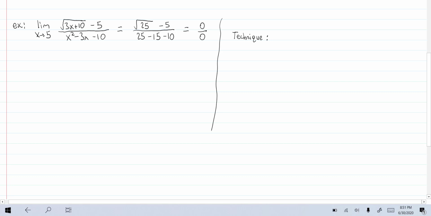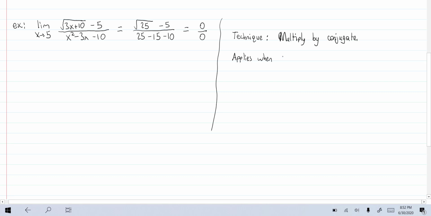And that technique is to multiply by what we call the conjugate, and I'm going to explain what that is. First, when is this technique applicable?